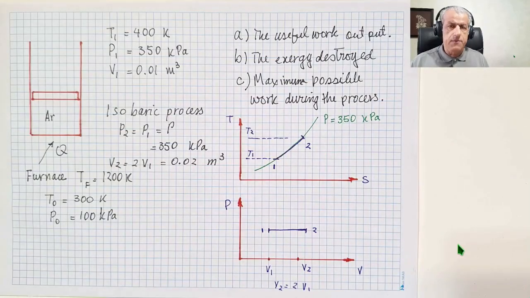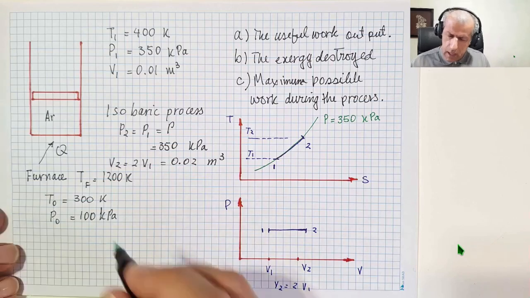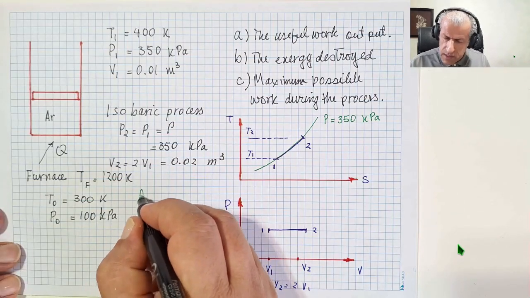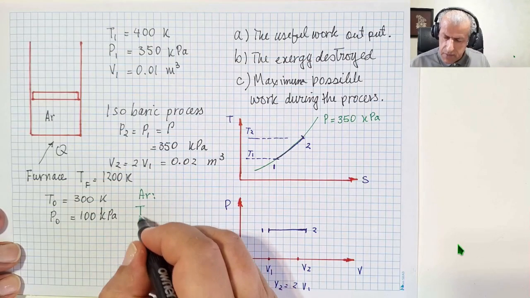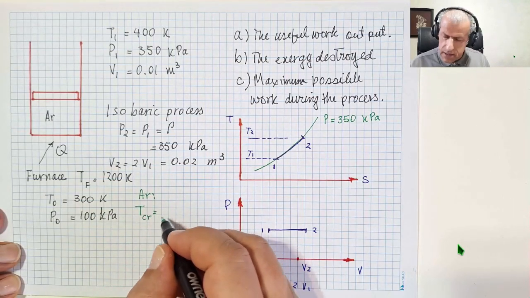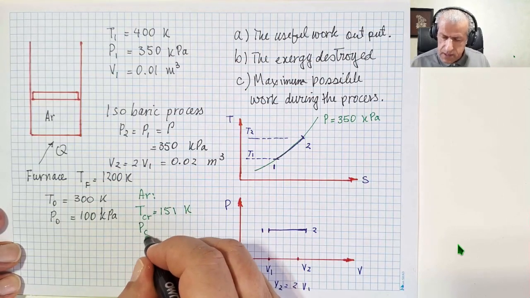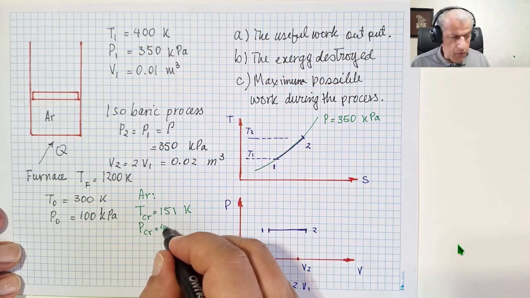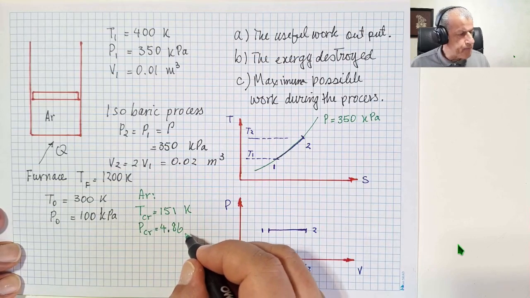Our next step is to learn the properties. Argon properties are in all thermodynamic tables. They usually give it in every book, and I will just repeat it here. For argon, critical temperature T critical is 151 Kelvin, and P critical is 4.86 megapascal.